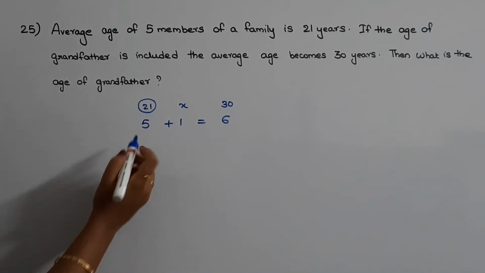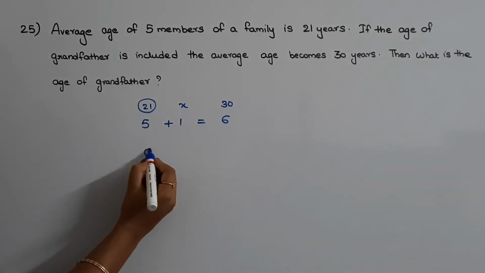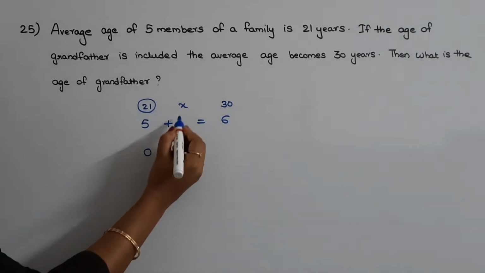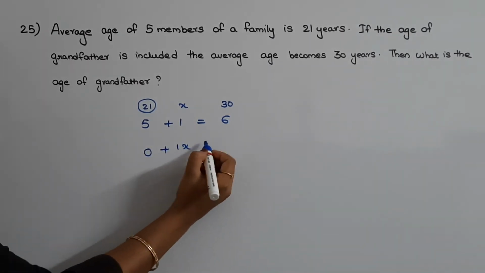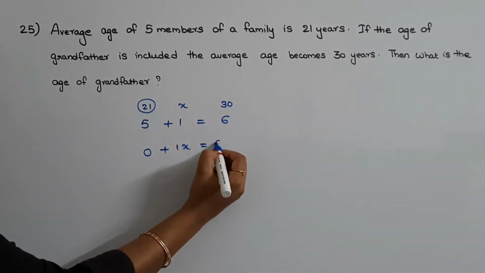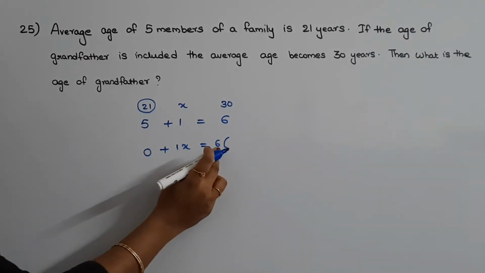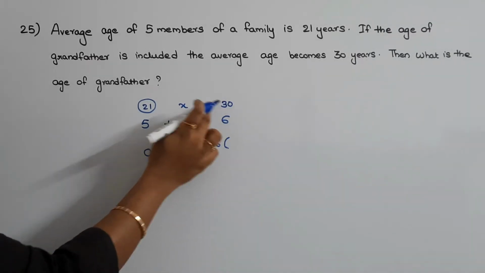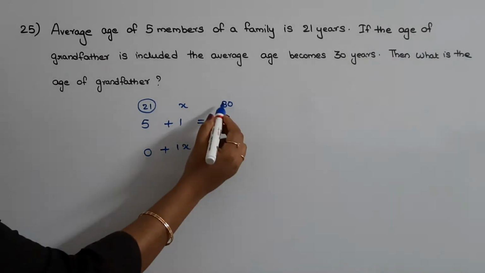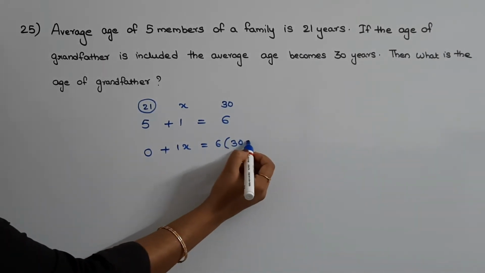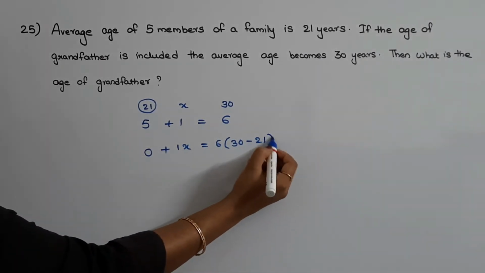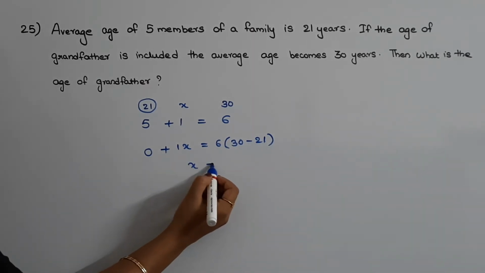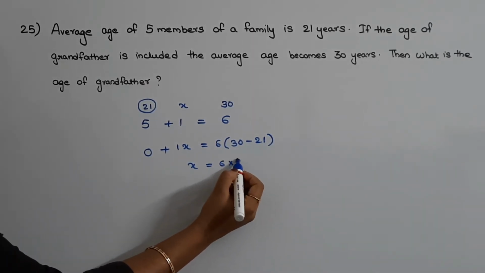So this part will become 0 plus 1 into x is equal to 6, multiply this 6 by the difference between its average value and the reference value. That is 30 minus 21. So x will be equal to 6 into 9.